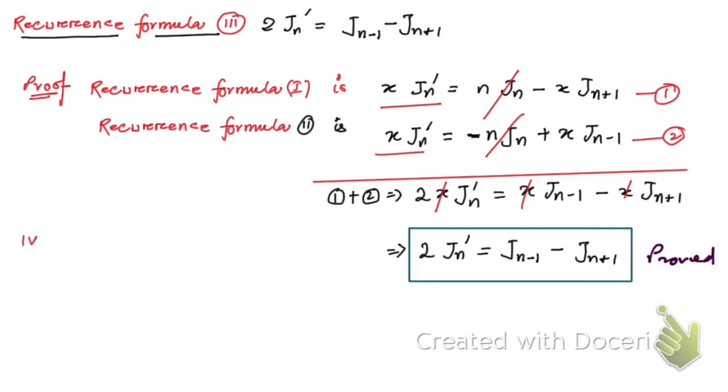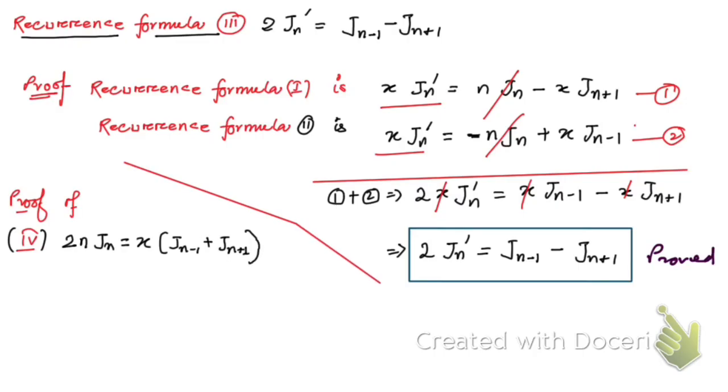Now what was the fourth recurrence formula? Let me write that here. This is the fourth recurrence formula. So how to prove this? So here you see, let me prove this formula. In order to prove the third recurrence formula, we have added equation number 1 and 2, right?